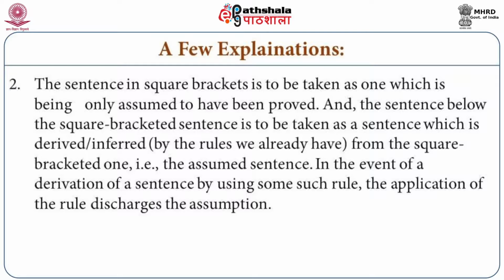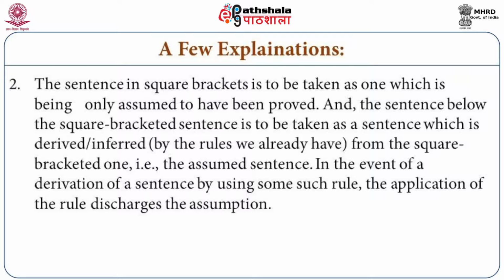What are these square brackets? Actually, square brackets are suppositions. So when I have A within brackets, I'm not saying that A is actually true or that it is a thesis in the language, but that we are assuming the truth of A.